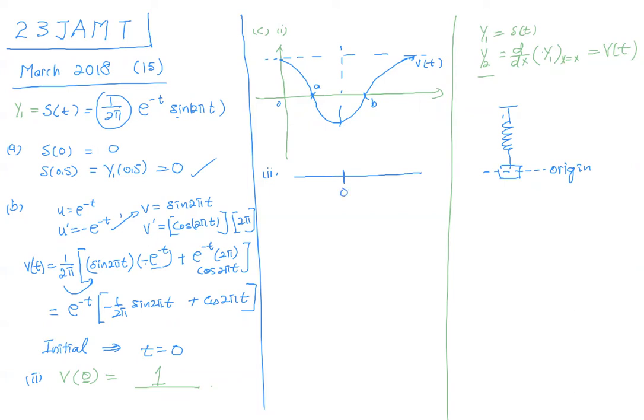When you pull the object down here, correct? And when you let go, this object will oscillate between here, then the amplitude will become smaller and smaller.